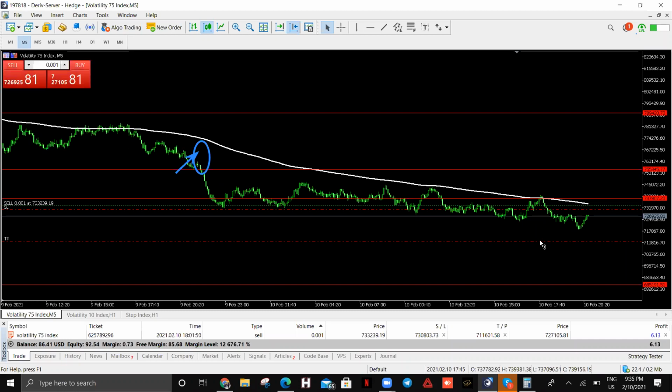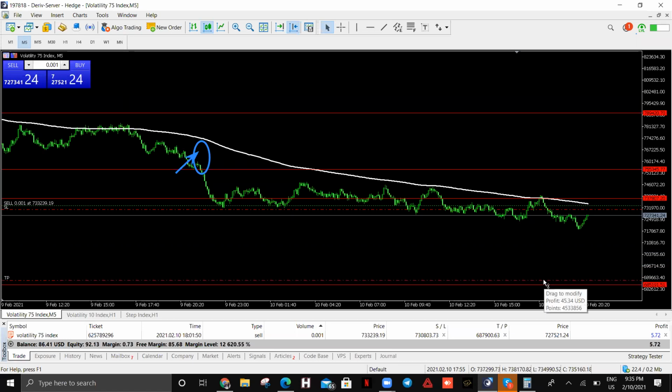Now, if I move this, my cost, you can see this one is $21 here with the lowest lot size. If I move this thing down here to the next pivot level, which I'm expecting price to come to, this is $45. So imagine you're using 0.002, that is $90. If you're using 0.003, that is about how many dollars? And imagine, when I had my stop loss around here, my stop loss was $3.39 as against what you're seeing here, $45.